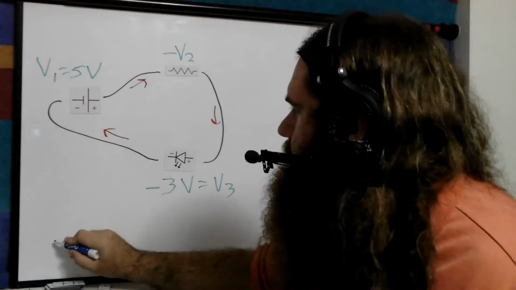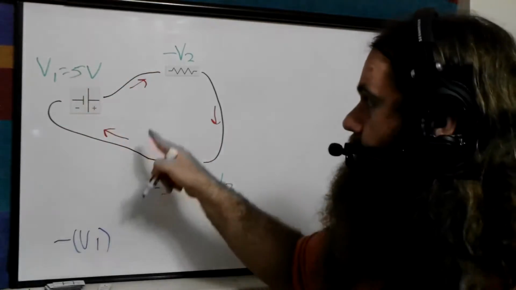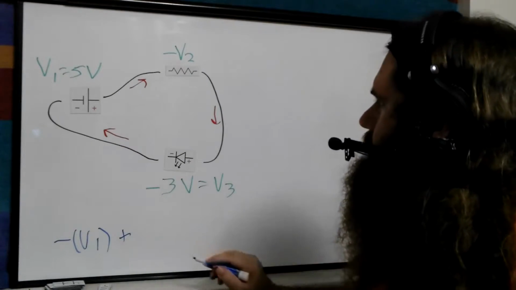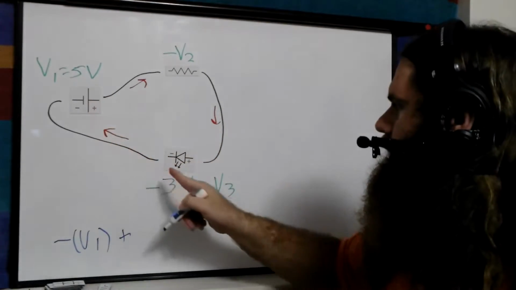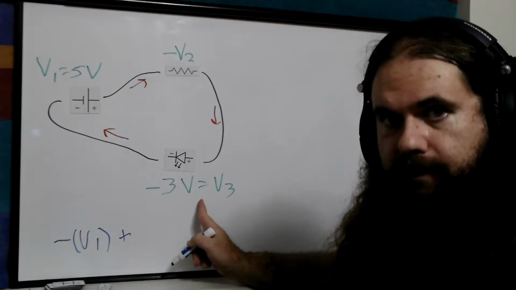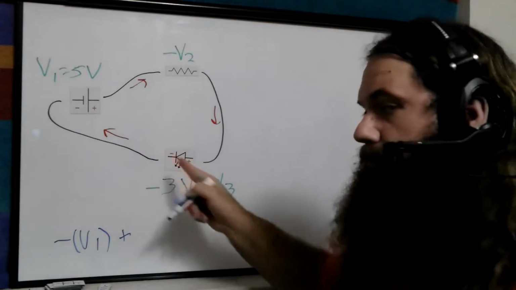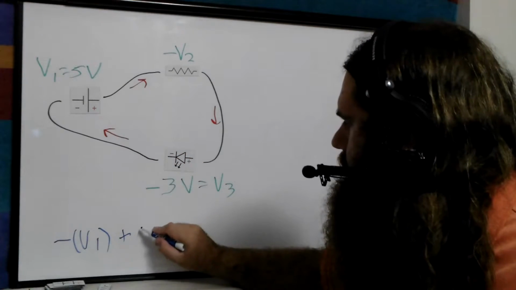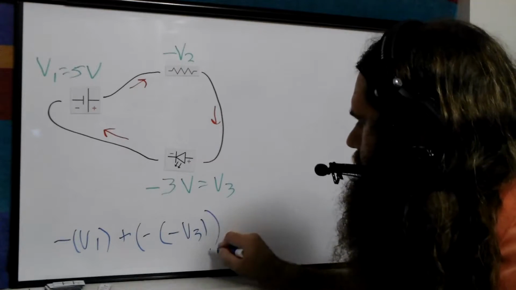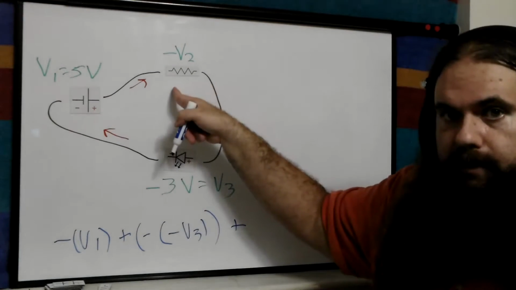So you have negative V1, because we're going this way, so we're starting here. Across the battery is negative V1 plus, now we'll go over here, and we have a negative 3 volts. Negative V3 is minus V3, but we have to negate it again because we're going backwards. So we do negative V3, and then plus. Again, we're going backwards across the resistor.